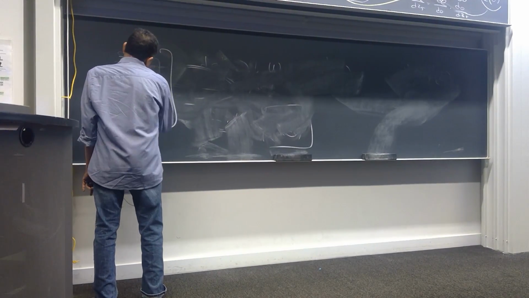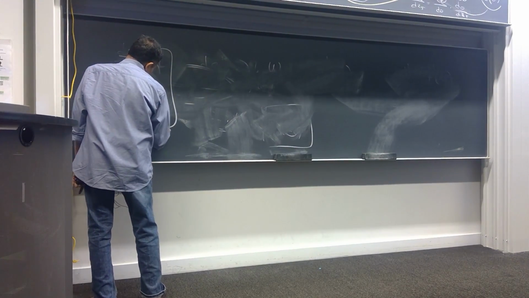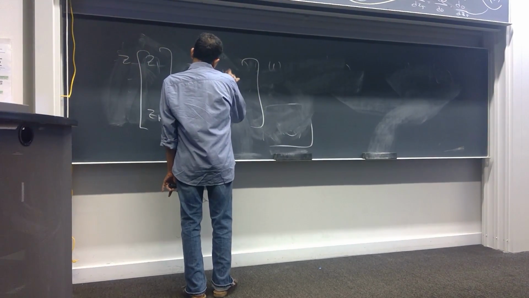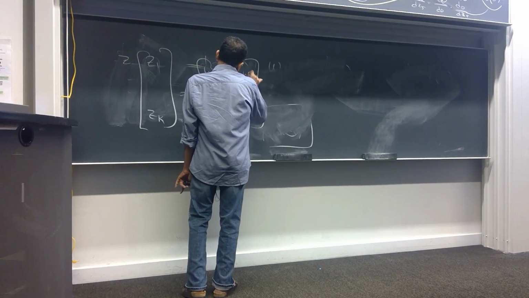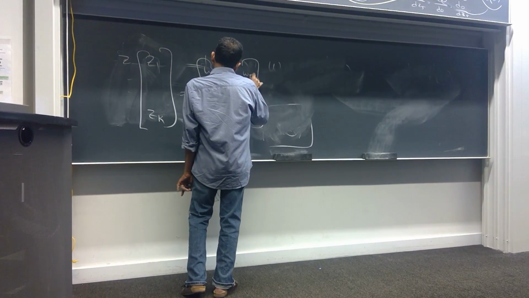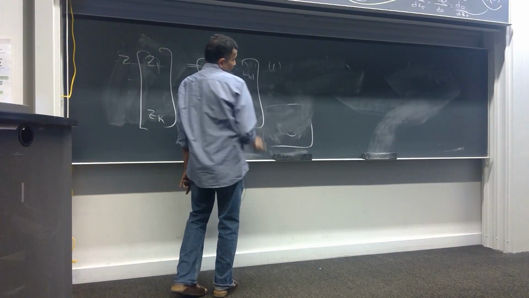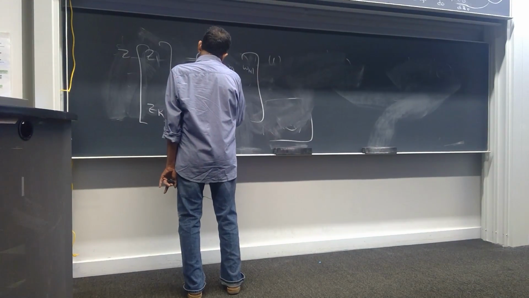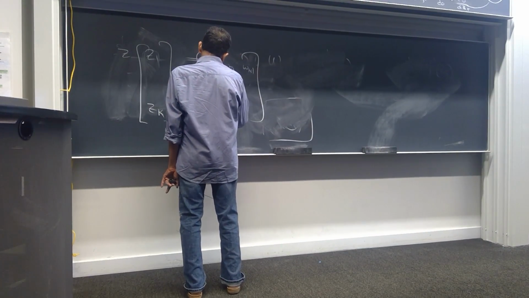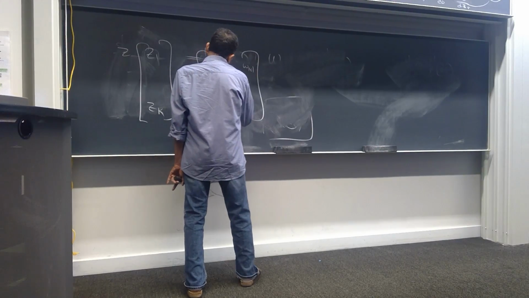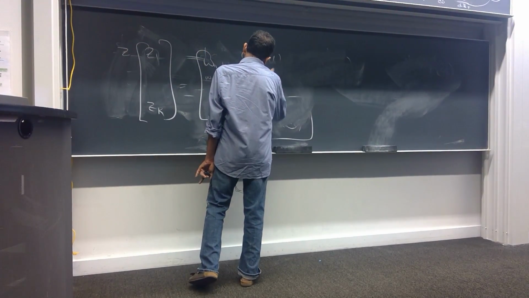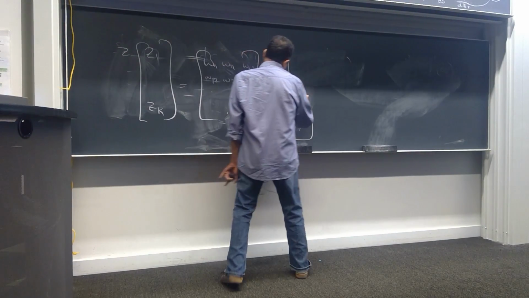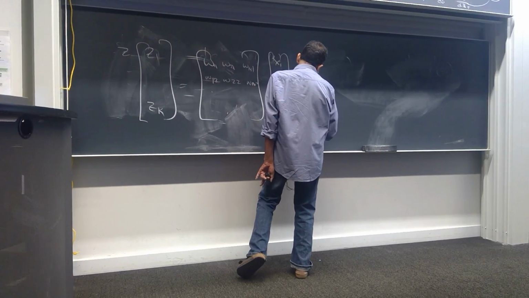So I'm writing z1 through z3 equals w11, w21, w... n is the number of inputs, right? So the second one is going to be w21, w12, ... n2, and this is going to be x1 to xn, plus v1 to vk.